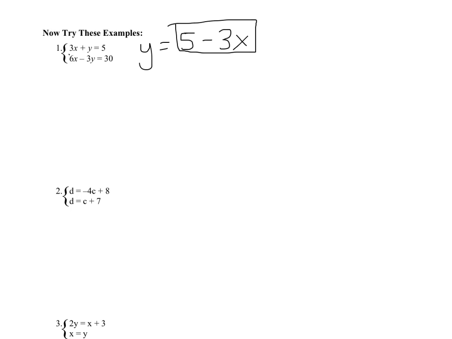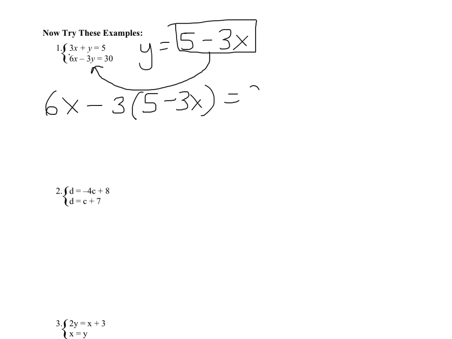So you are going to replace the y in the other equation with 5 minus 3x. So I'm going to get 6x minus 3, and your expression has to go in parentheses, 5 minus 3x, close your parentheses, equals 30. Now distribute, so I get 6x minus 15 plus 9x equals 30.